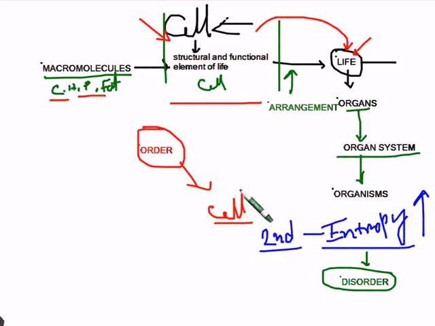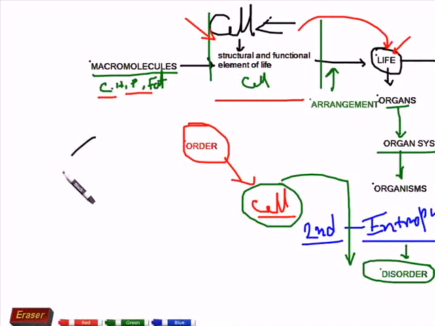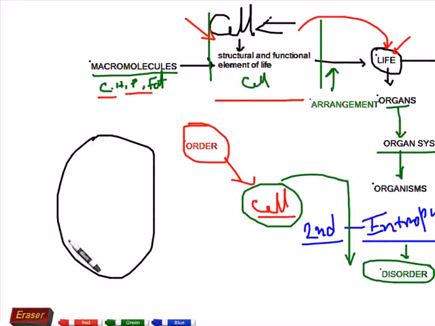But only in the cell do we do something differently. We do something to make the entropy go down in the cell. When we look into the cell across this barrier, we can see entropy decreasing.